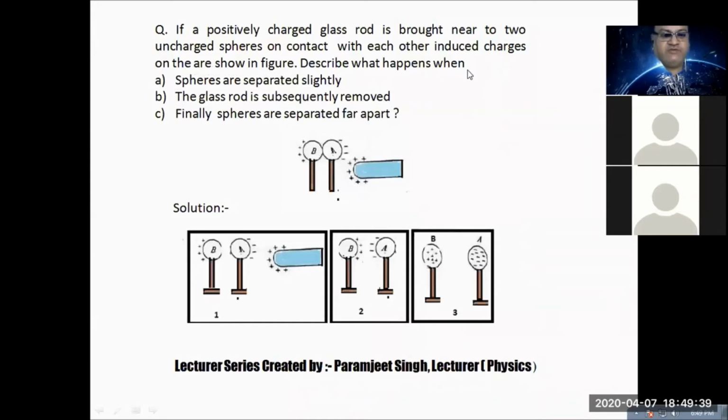Describe what happens. So what is happening? These two spheres are placed on insulating stands and they are touching each other, and this glass rod is brought near. What will happen? We have already discussed it.